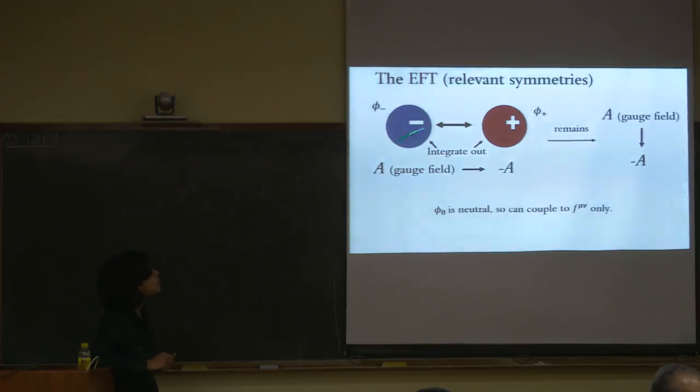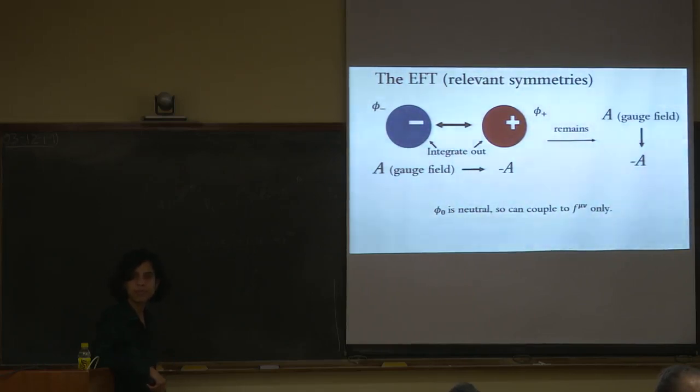So this is my flavor permutation symmetry. When I integrate phi plus and phi minus out, what I'm left with is A going to minus A. So that's one of the symmetries of my effective field theory. Sorry, this is the symmetry that is broken? Why is this spontaneously broken on the other side? This symmetry is not spontaneously broken. Because both vortices exist and have equal energy, no?